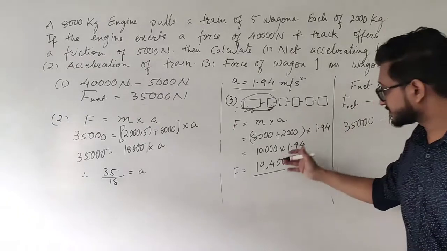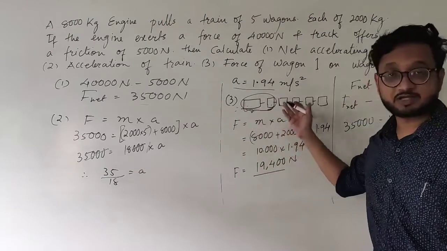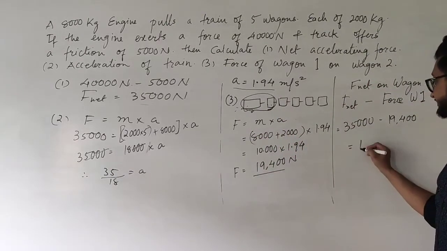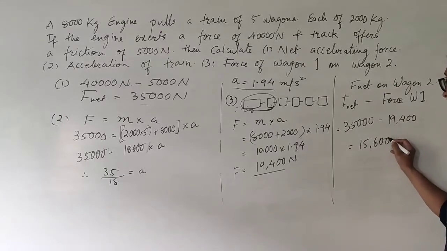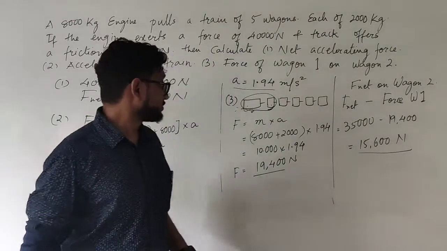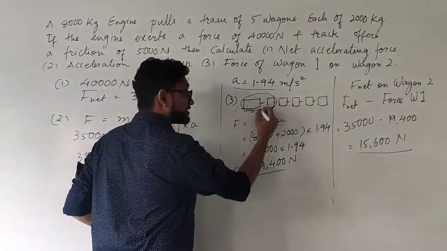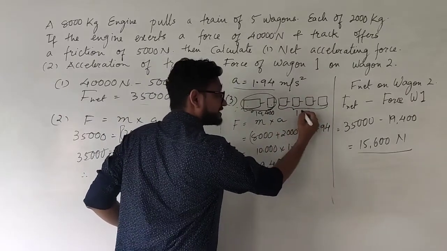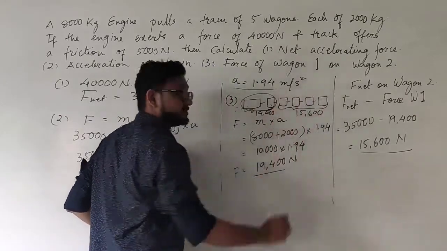That is the force on wagon 1 including the engine. Solving this, the final answer is 15,600 newtons. Okay students, so what happens here is, this part is having 19,400 newtons and the rest of the train is getting 15,600 newtons.